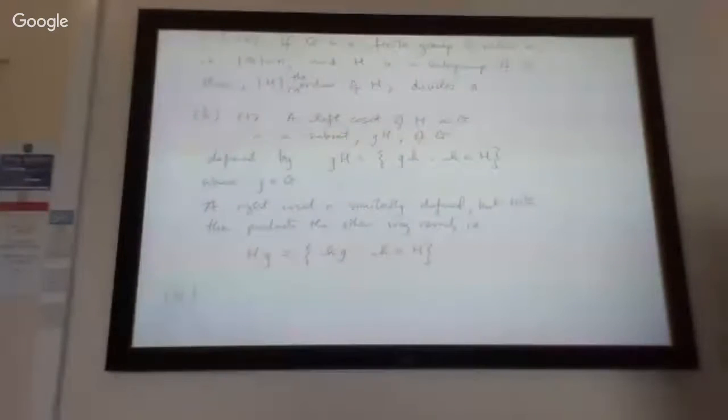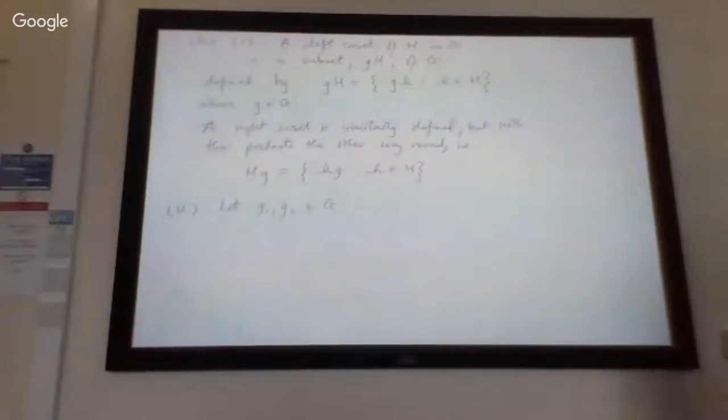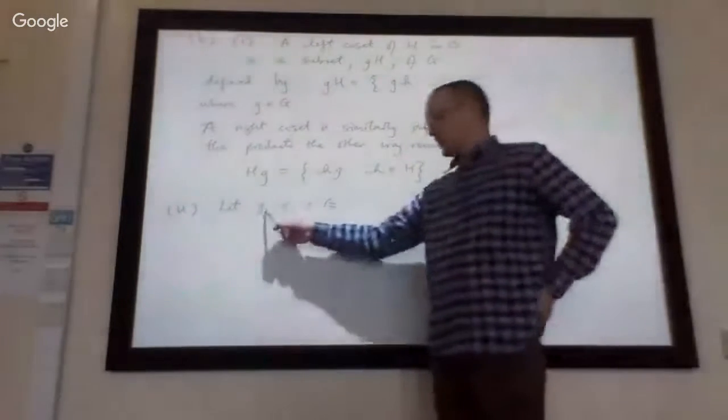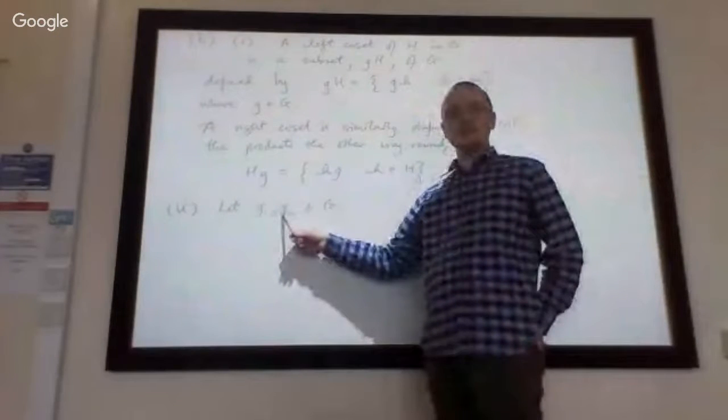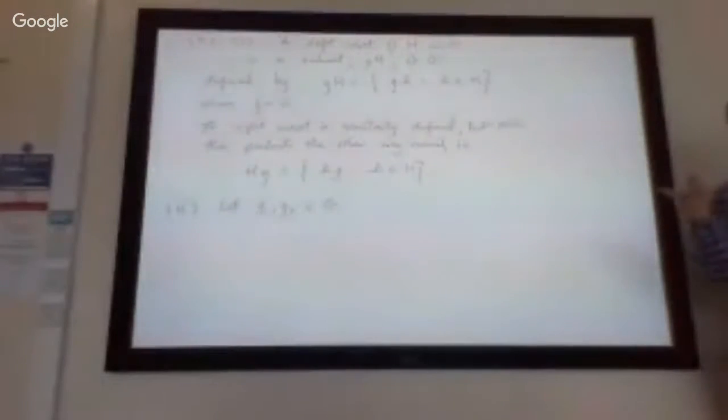So, okay, we should let G1 and G2 be 2 elements in G. No restriction on that. We're not saying that these are definitely assumed to be different elements. G1 and G2 might just be 2 names for the same element.